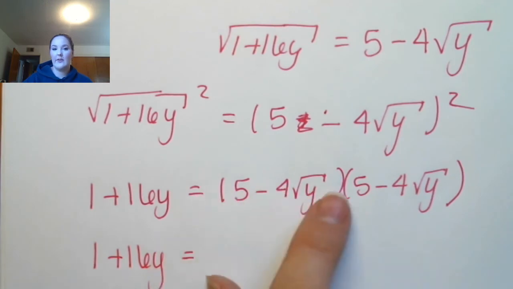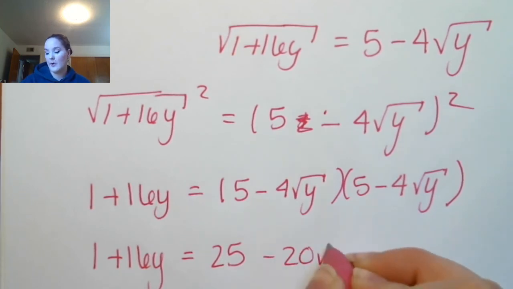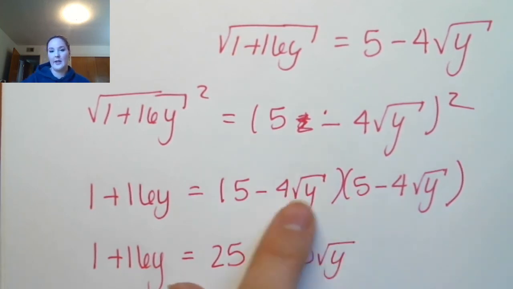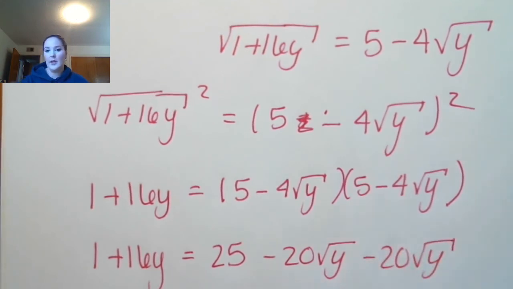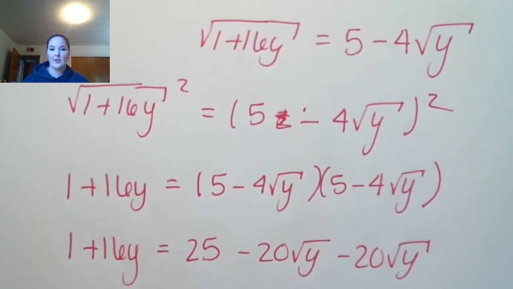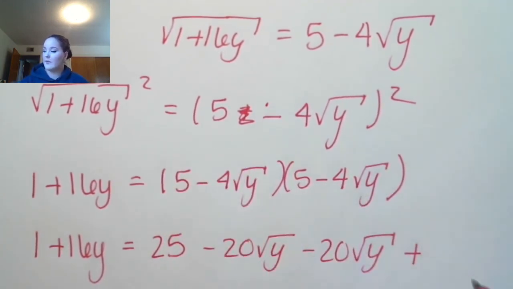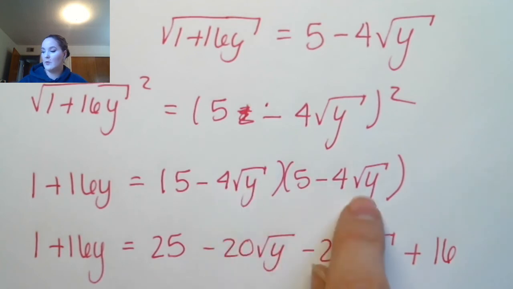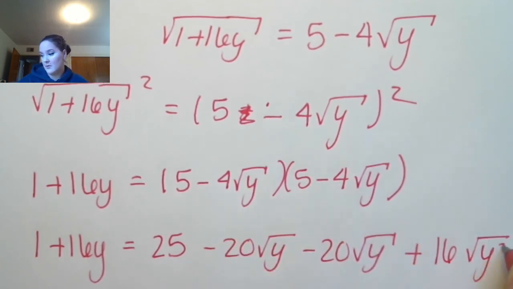Okay, here I'll get 5 times 5, which is 25. 5 times negative 4 root y, which is negative 20 root y. Okay, here I get the same thing, negative 20 root y. Okay, and here for the last term, I'm going to get negative times negative, so plus 16 root y squared, which is, right, we know that this is really just y.